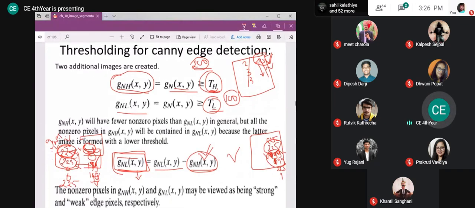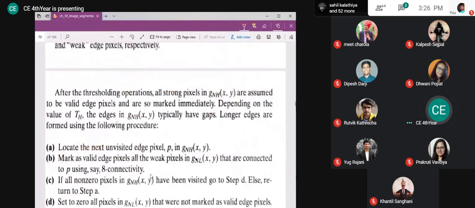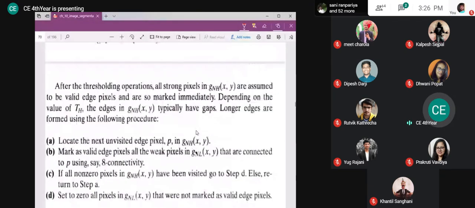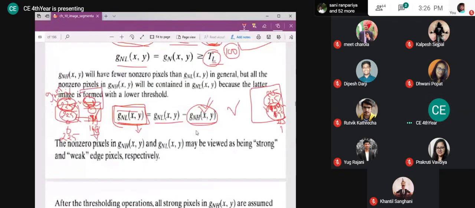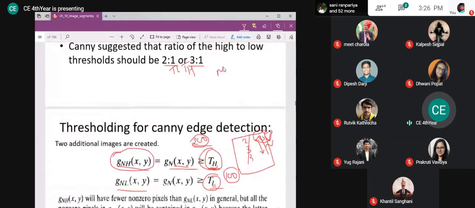So what is the idea? The idea says, you take your M of x,y, that is, you find all the edges. Then you apply a higher threshold so prominent edges are detected. Then you find GNL. What is that?